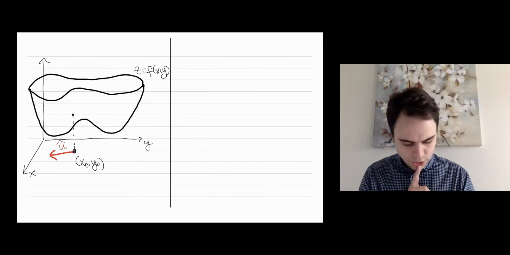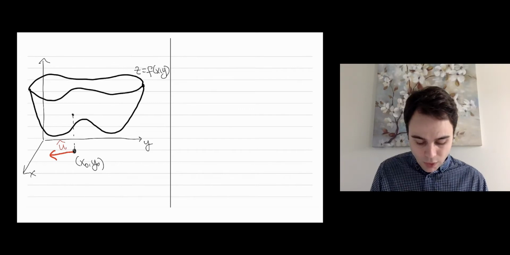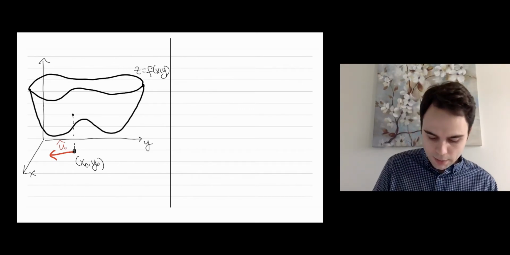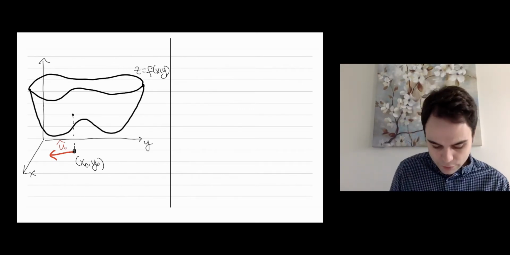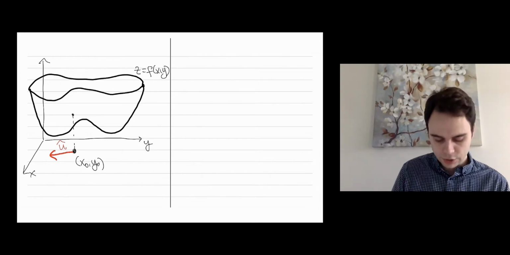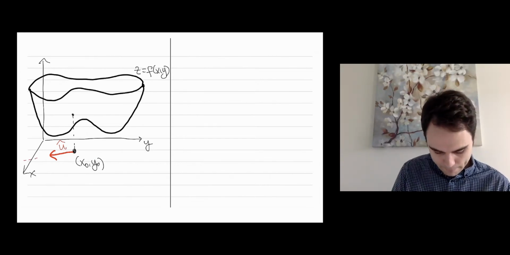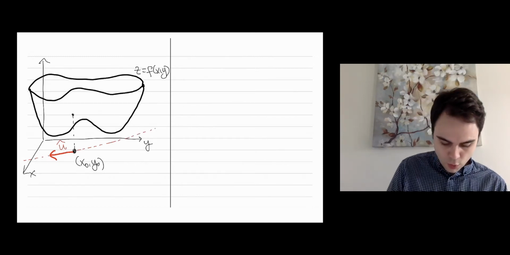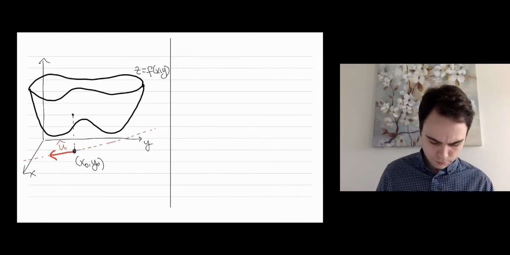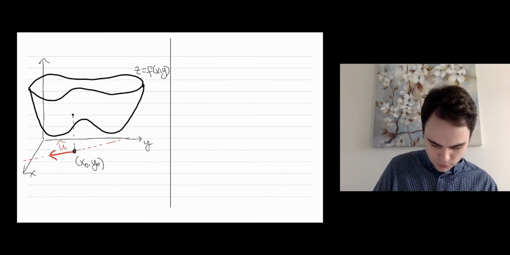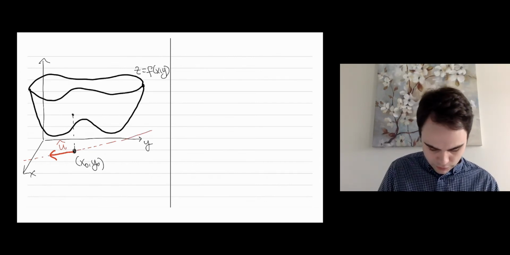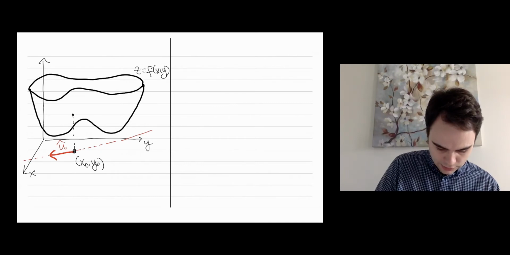So I'm picking a direction, and I want to know what happens to the function f when I move in this direction. So when I move on this line, what happens to f? What happens to the function? So I'm going to move kind of like this.